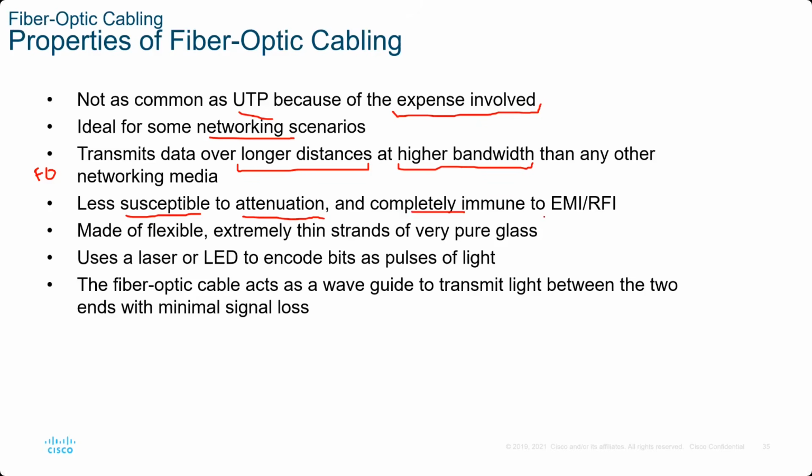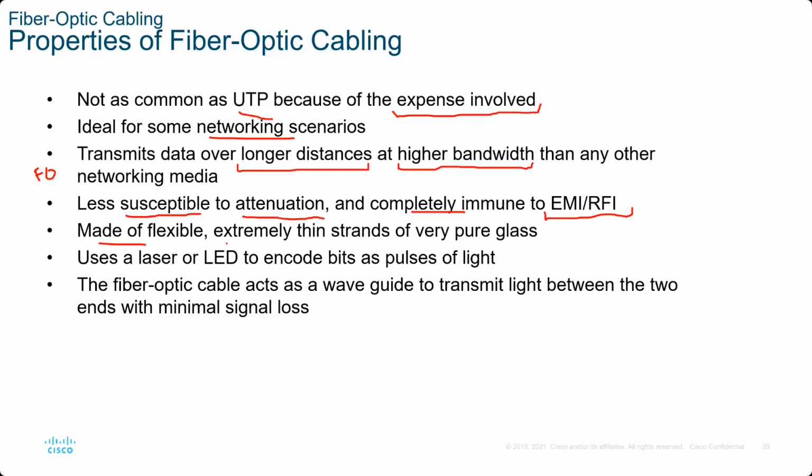It is also completely immune to electromagnetic and radio frequency interferences. Because those are electromagnetic waves, they cannot affect light. So that's also a good thing. They cannot affect light in the sense that we are using pulses of light. We are not using frequency or modulation techniques.